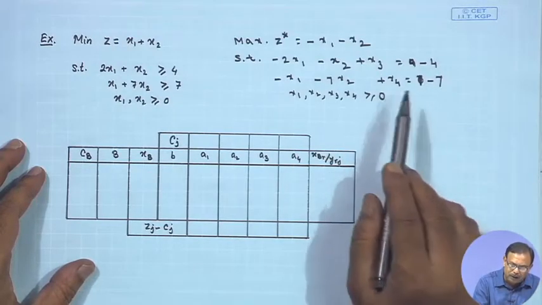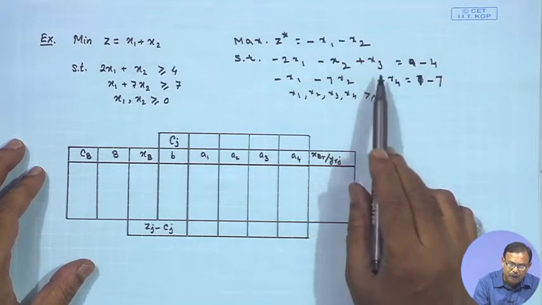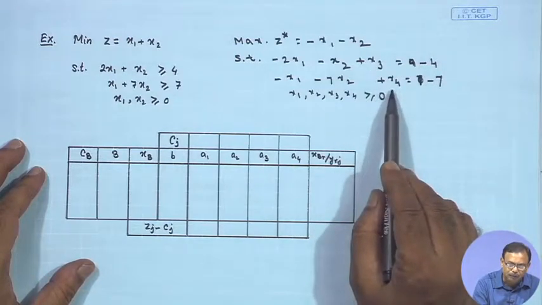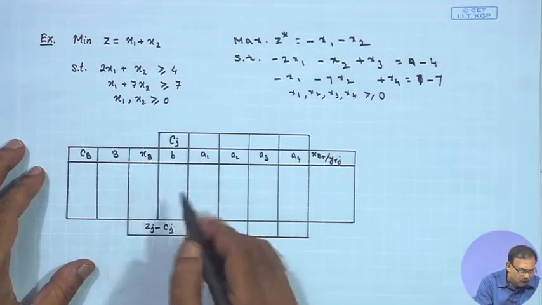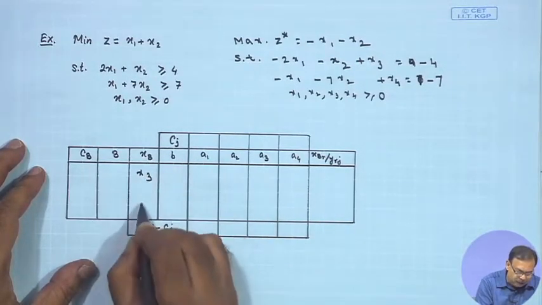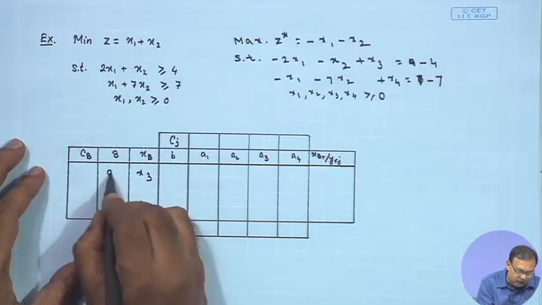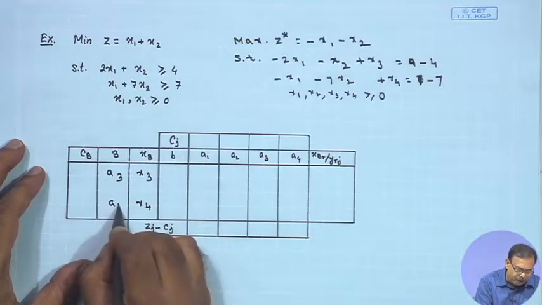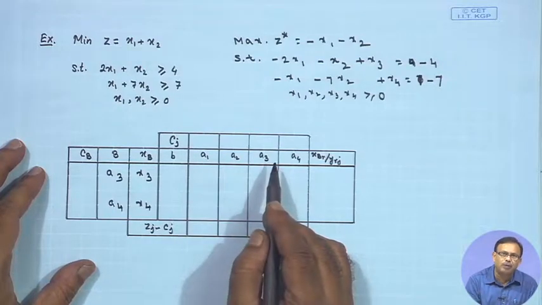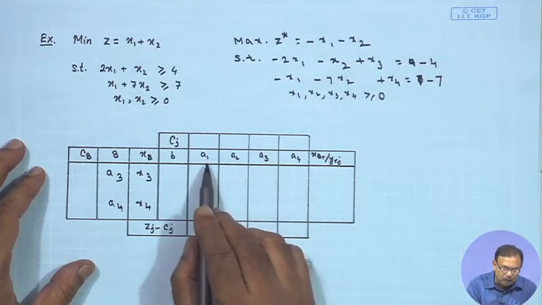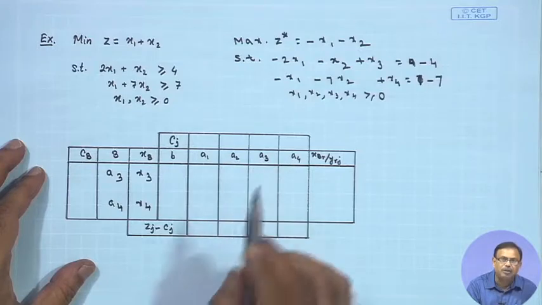So, the basis vectors will be x 3 and x 4, where x 3 is minus 4 and x 4 is minus 7. So, I am writing here x 3 x 4, this is a 3 a 4. Now, in place of x 1 x 2 x 3 as we were writing earlier, we are writing these as a 1 a 2 a 3 a 4.